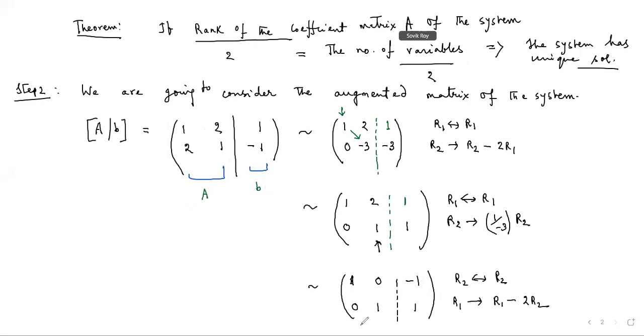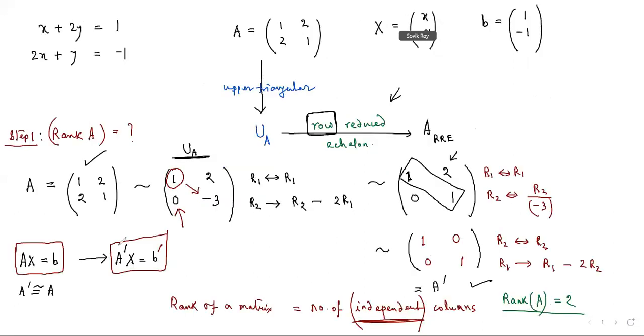Now I have changed the system into the following. In place of capital A, we have got A prime, and in place of small b, we have got B prime. And I told you that we have to do the operation in such a manner that the system AX equal to B changes to A prime X equals B prime.